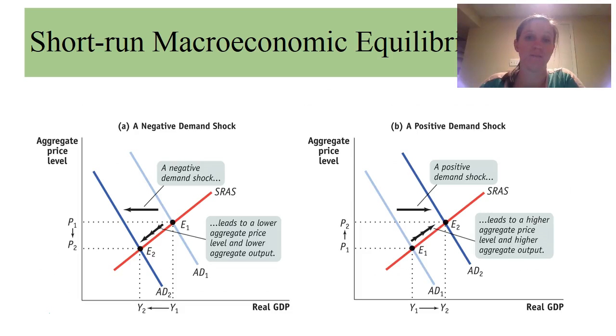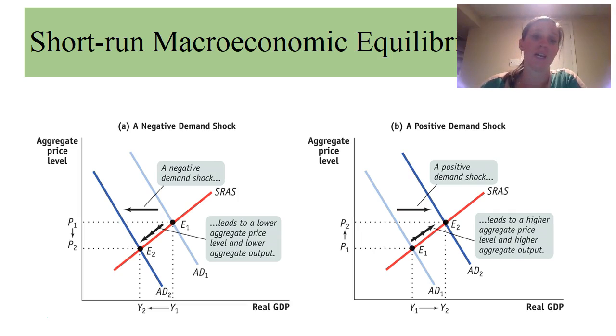So let's look at what these positive and negative demand shocks actually do. First I'm going to talk about this left-hand graph, the negative demand shock. We are at E1, where the short run aggregate supply and that light green aggregate demand curve intersect. We have a negative demand shock where our aggregate demand shifts to the left.